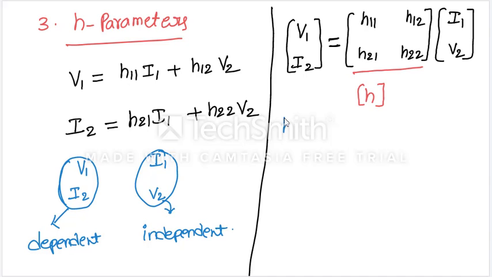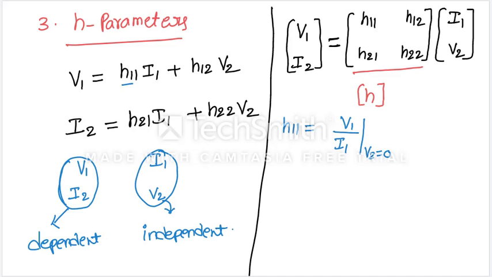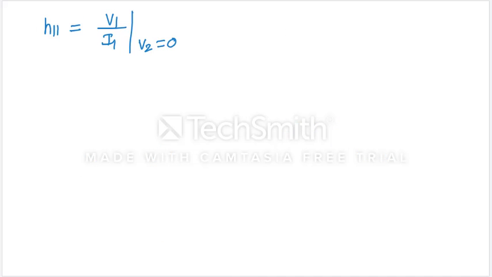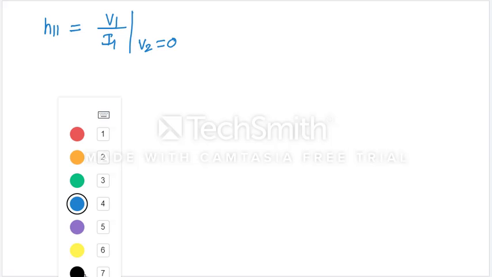The first one, H11, is V1 by I1 when V2 equal to 0. Let us write it in the next slide. H11 is V1 by I1 when V2 equals 0.